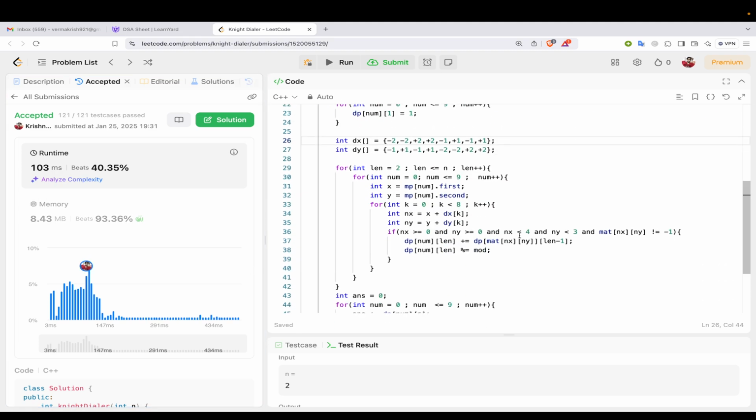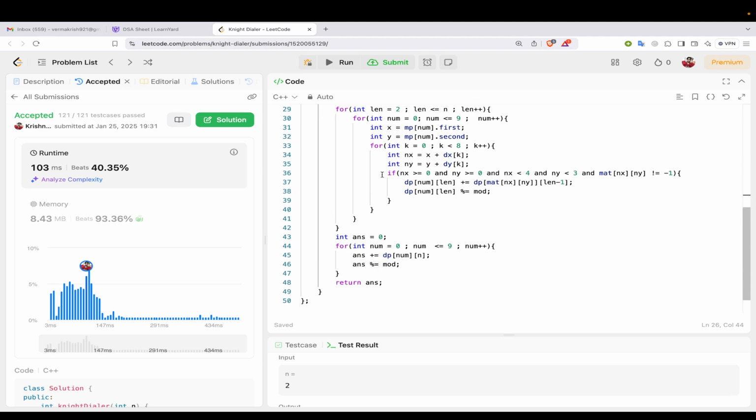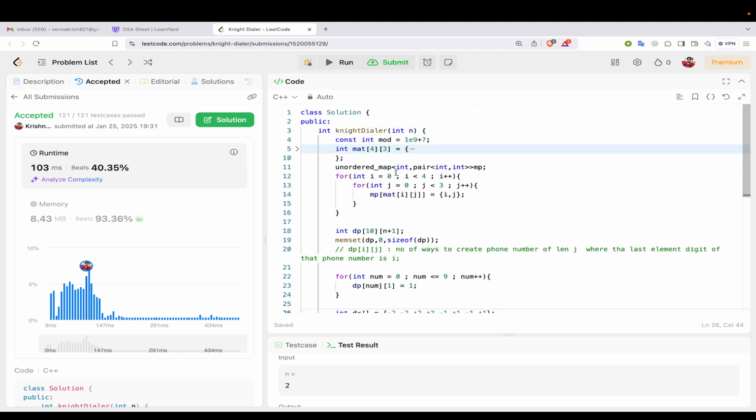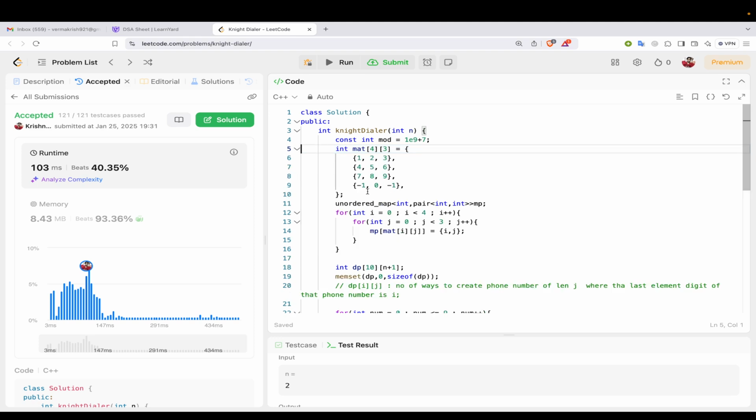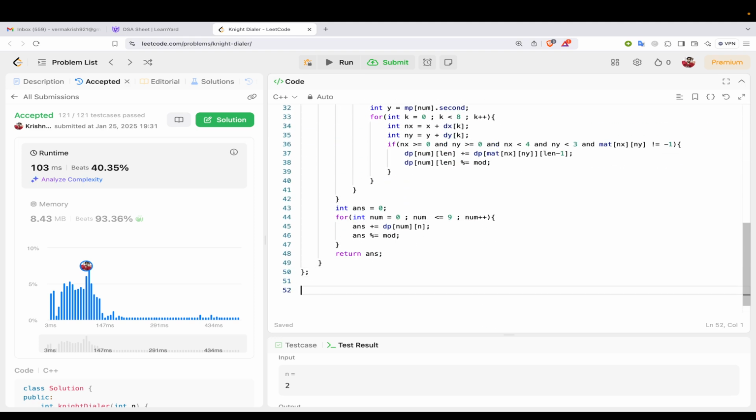Let's talk about the time complexity. We have three nested for loops. So this is constant time, and here we are iterating over length. Let's try to derive the time complexity.